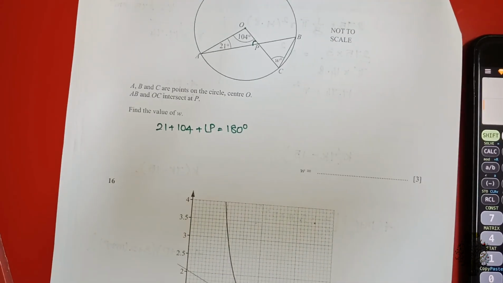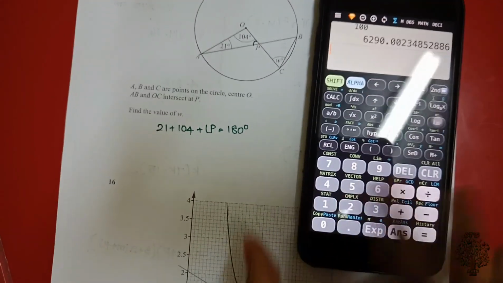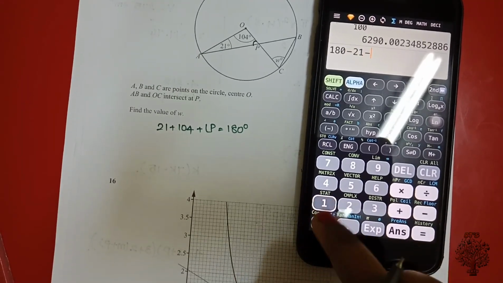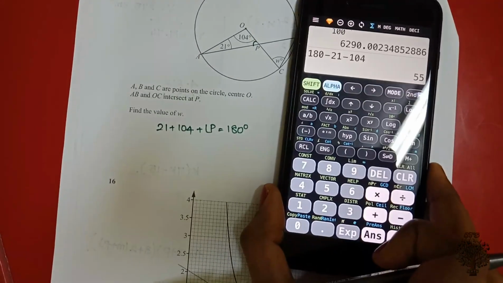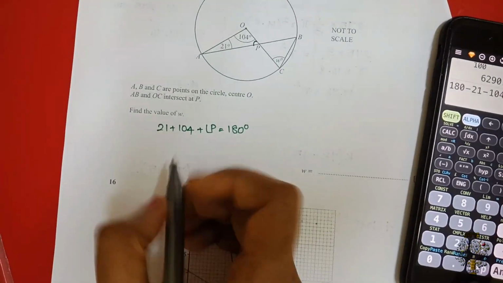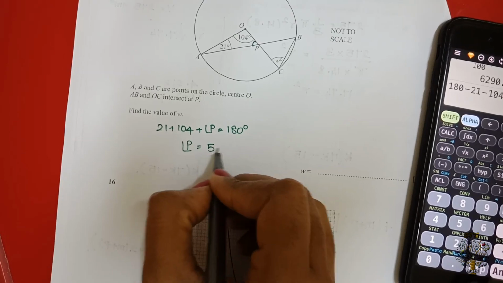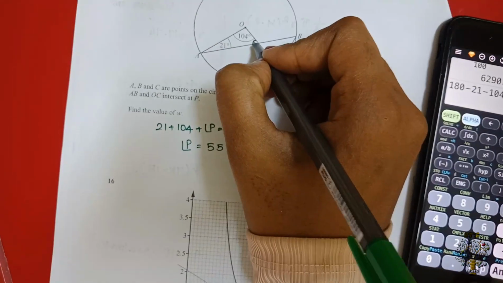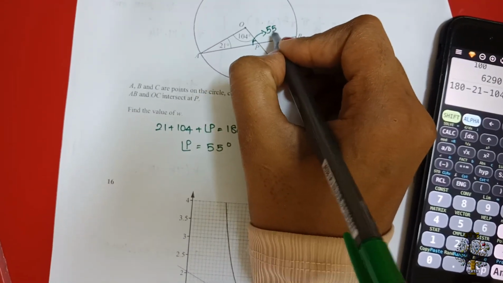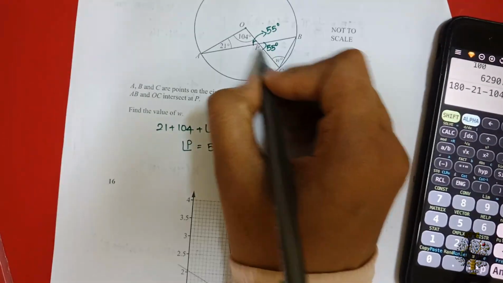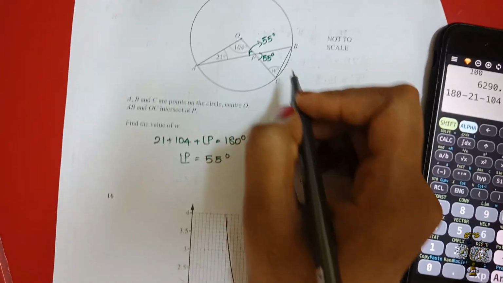Now I'll be moving this: 180 minus 21 minus 104, which gives me 55. That will be P when you move these two to the other side. So angle P is equal to 55 degrees. This angle is 55 degrees, and I want this angle also 55 degrees. They will be equal. We know this concept.